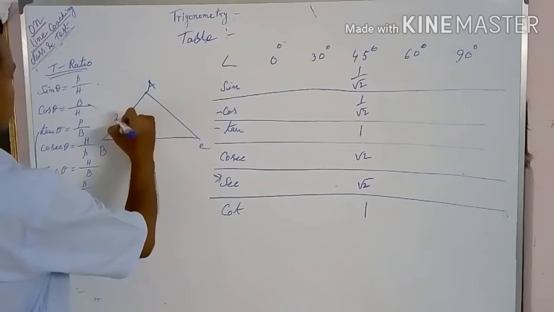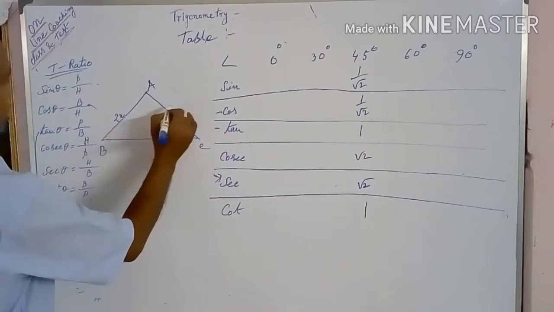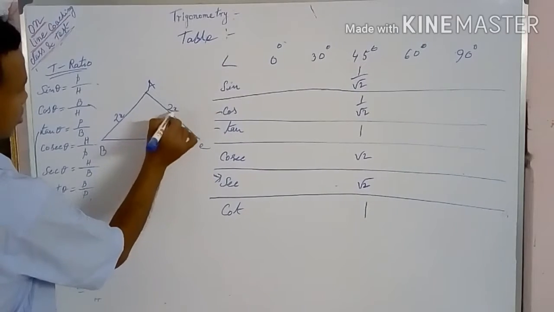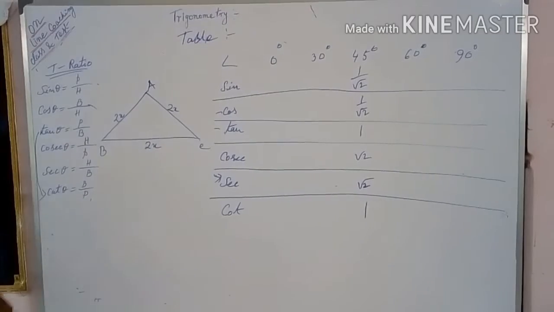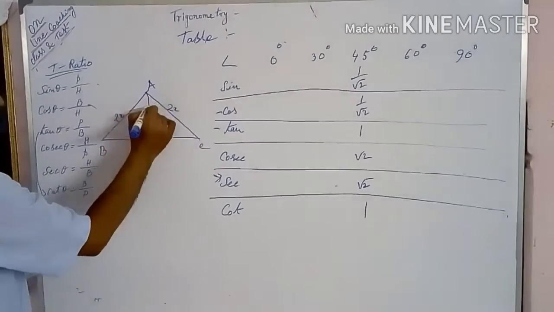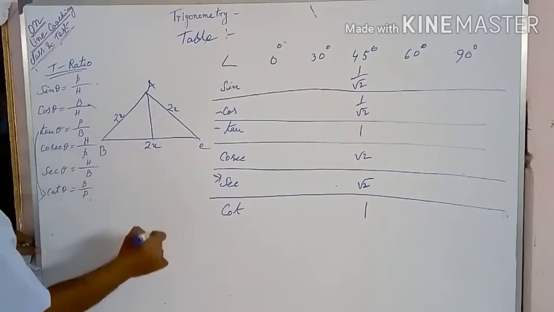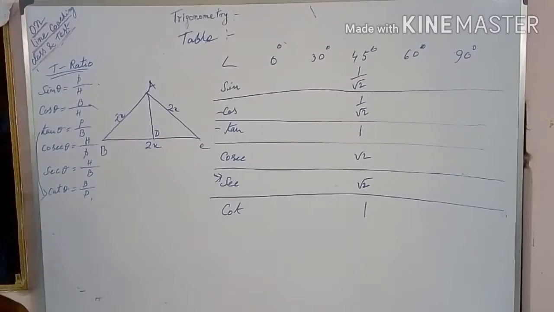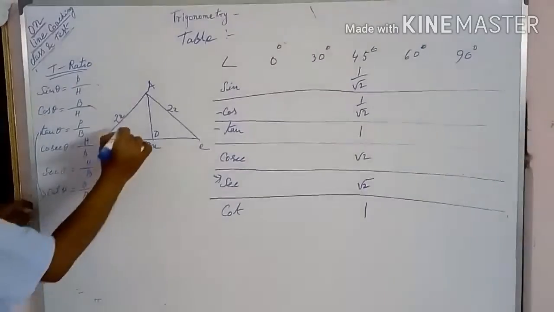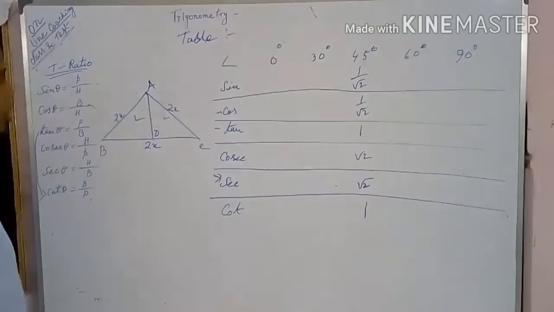Suppose the length of AB is 2x, this is also 2x, and this is also 2x. Now draw a perpendicular to the base BC, and name this point D. So here is one triangle, and here is another triangle.